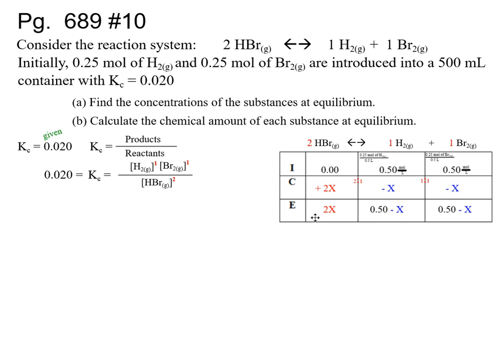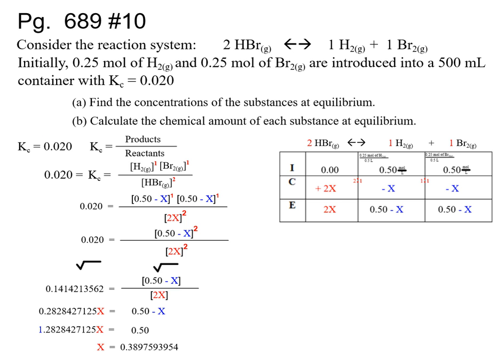Now that I have my equilibrium that I can substitute in my expression, because my Kc value is given, I make sure I've substituted appropriately, products over the reactants, using the equation given to me. Okay? And then it's just a matter of substitution and being careful with your exponents and your brackets in your calculator and distribution and cross multiplication, and make sure your x is 0.389 if you're using this value.